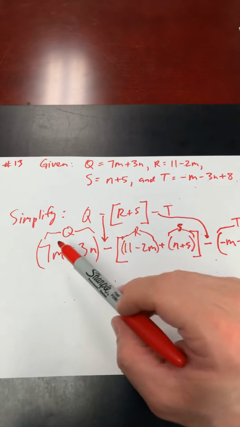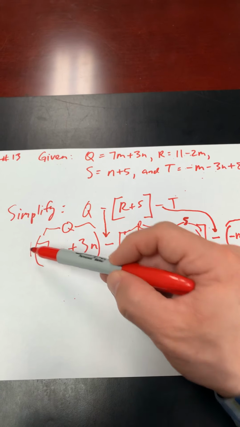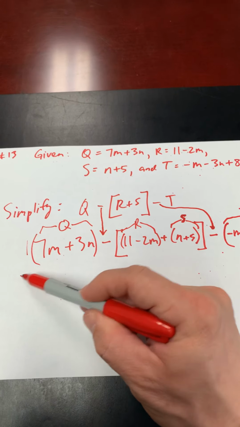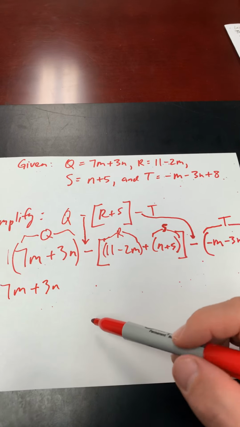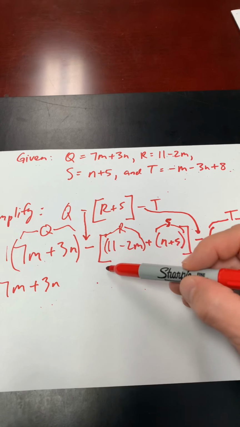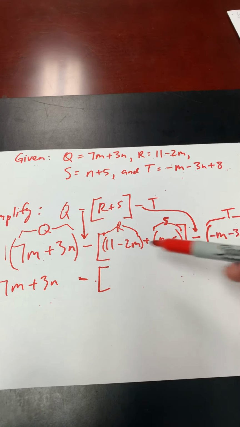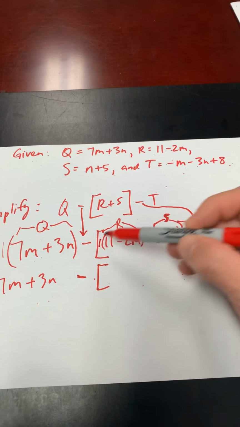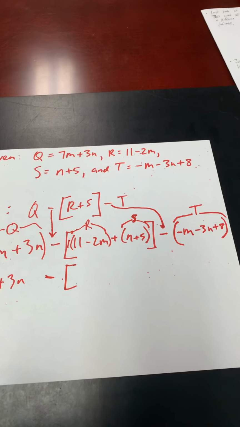So now we're going to do what we've been doing. How do we remove the grouping symbols? Well, we distribute. So we're distributing a 1 here, so this just becomes 7m plus 3n. All right, now check it out. I'm not getting rid of this bracket yet. First of all, I'm going to distribute. I want to get rid of the parentheses first, right?